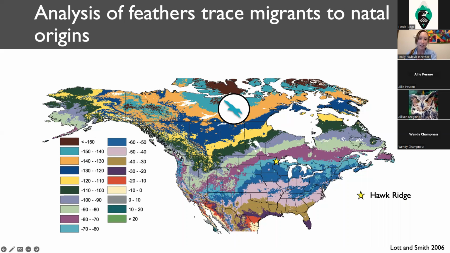And then when the raptor migrates, it's going to retain that signal of where the feather was grown. And if we collect a feather during migration, when we are handling these birds during the banding process, we can trace that bird back to a general location of where the feather was grown.